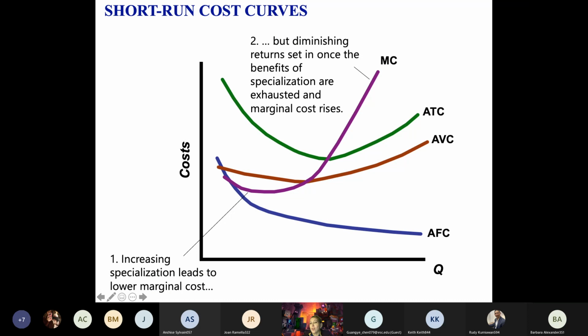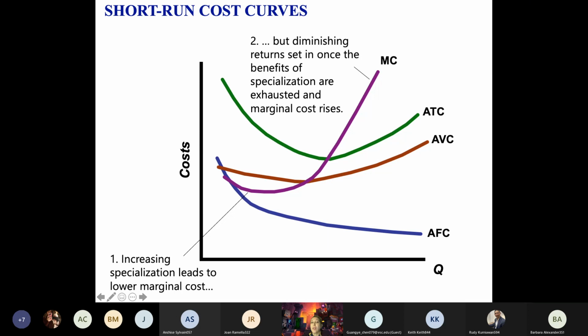Another way to look at the cost, typical cost curves, something we saw in the previous slide. We'll see the cost curves have a typical shape, with average fixed cost going down, average variable cost having a U-shaped pattern, and when we add up average variable and average fixed, we get average total cost.